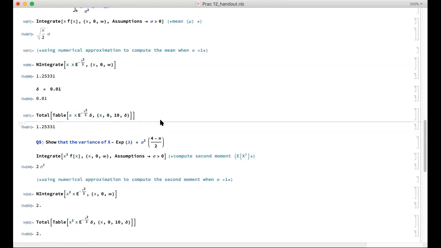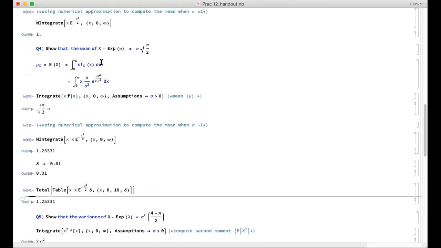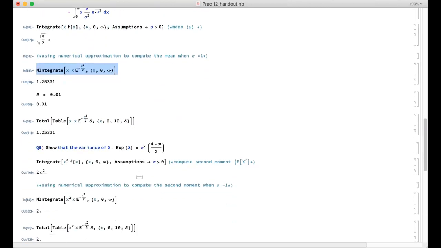So 3 methods I've explained. You could compute it by hand using this formula. You could check your answer using the exact value, computed with the Mathematica Integrate function, or you could use the approximate value using NIntegrate. Okay, that's the expected value.